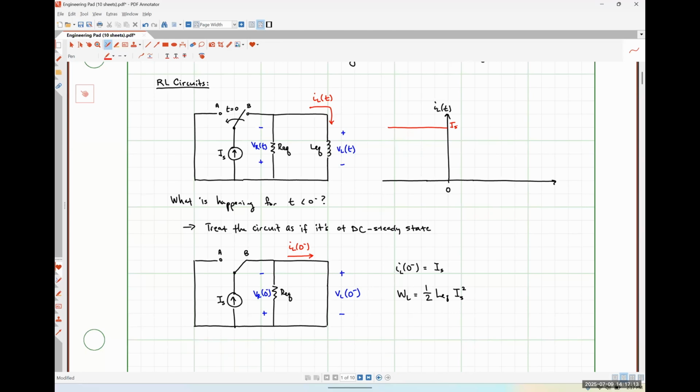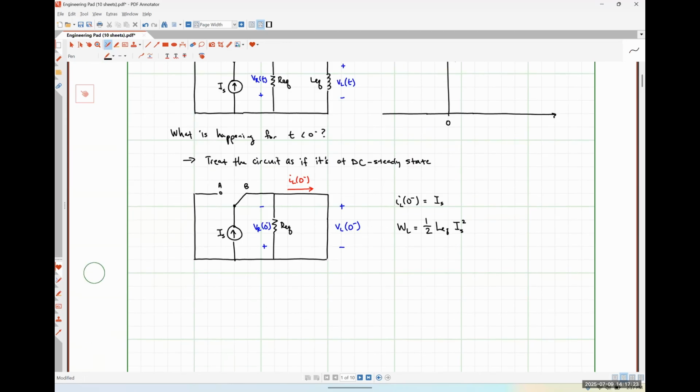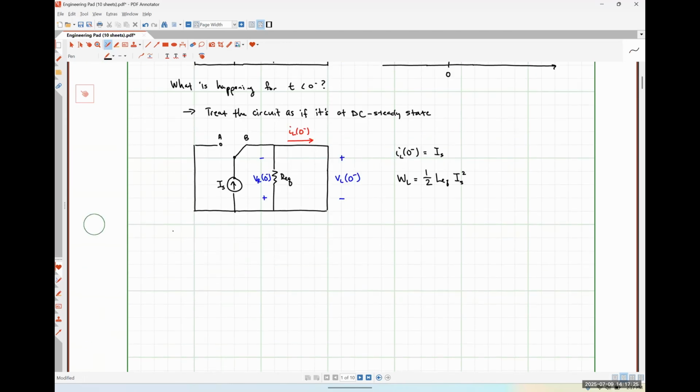What we're going to do now is fast forward in time by some large amount. I want us to figure out what is happening for t greater than infinity.